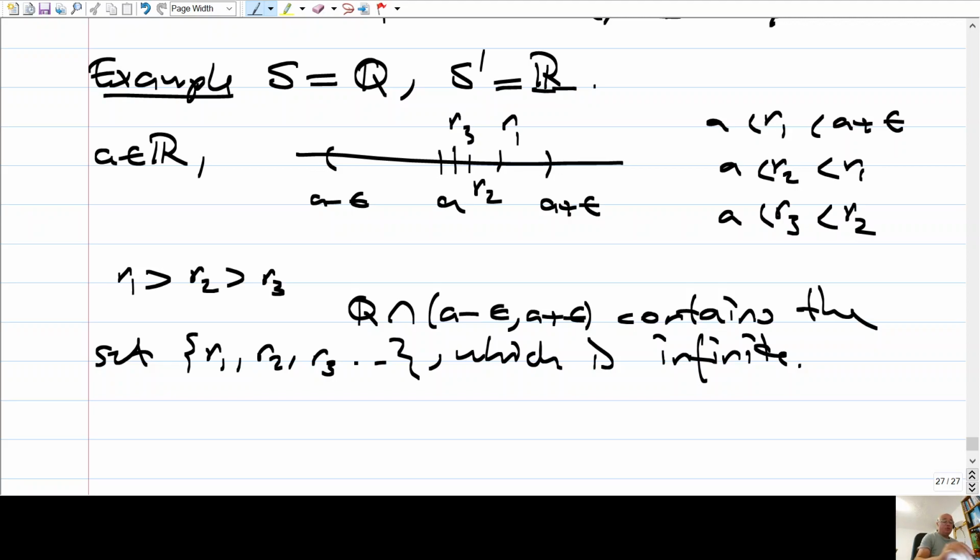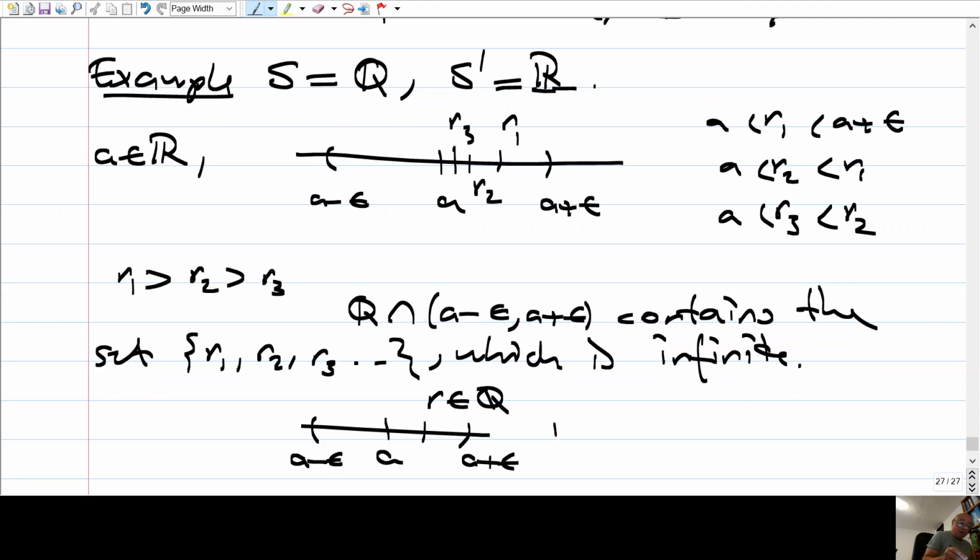And if you choose this interval, A minus epsilon, A plus epsilon, this interval clearly contains one element, a rational number, and this rational number is between A minus epsilon and A plus epsilon.